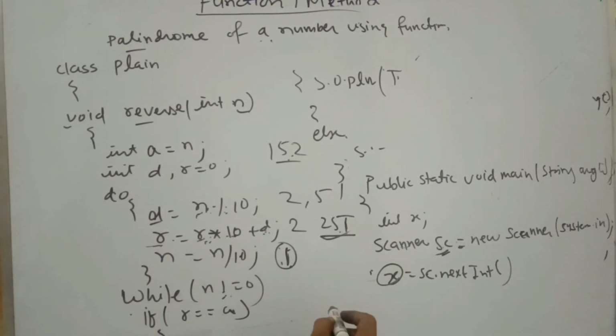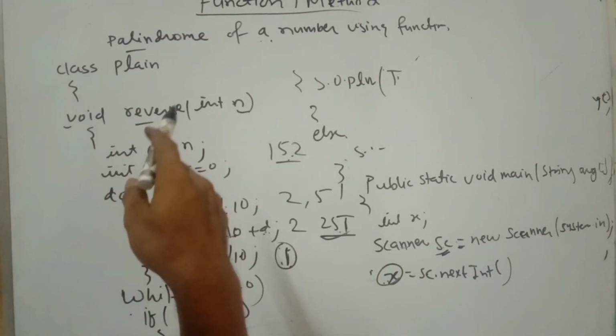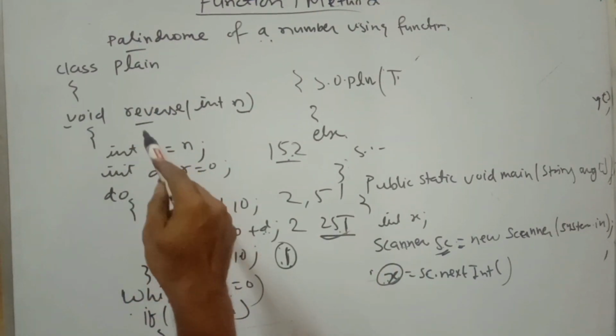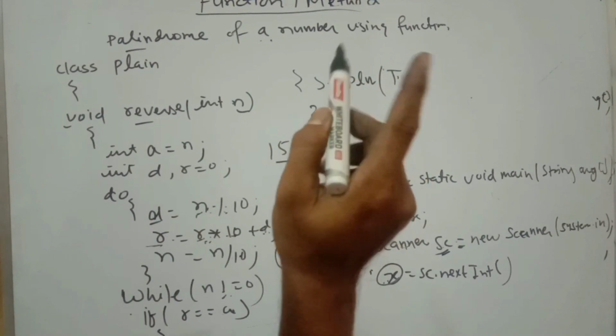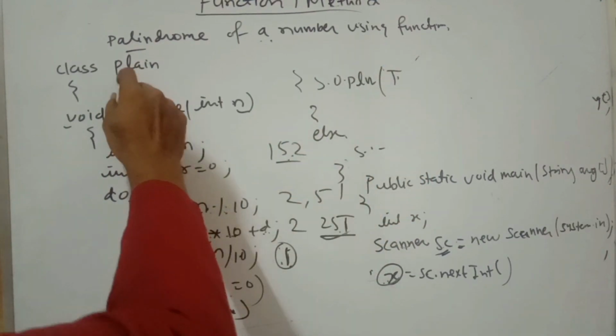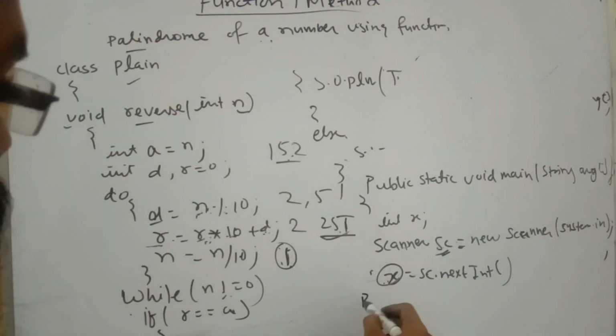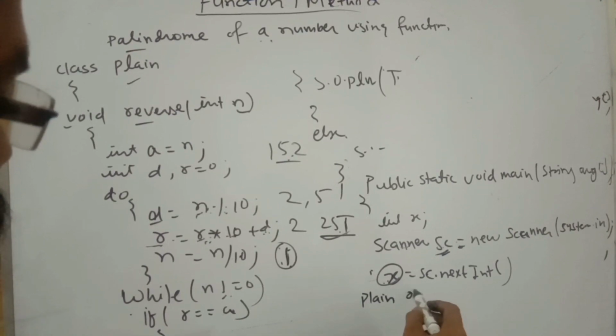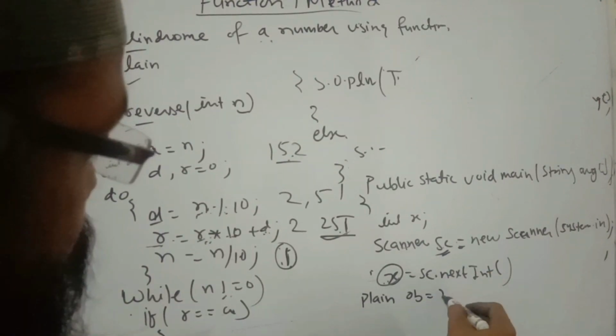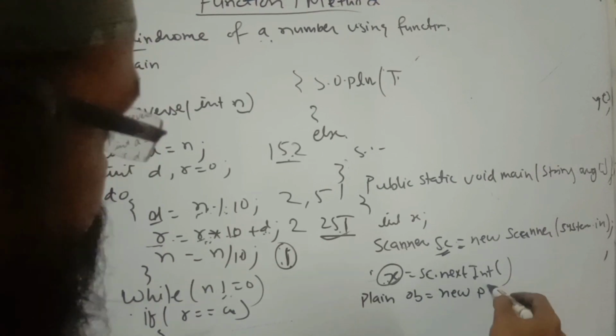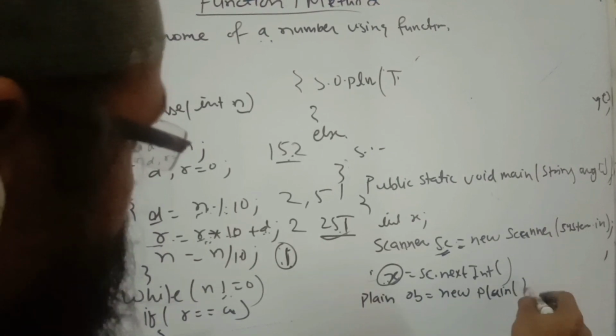Now with this x we are going to call the reverse method. First of all, to call reverse, you create the object of the class Plane. How can I write the class name Plane? Just write the object name ob, equal to new Plane. This is a constructor.